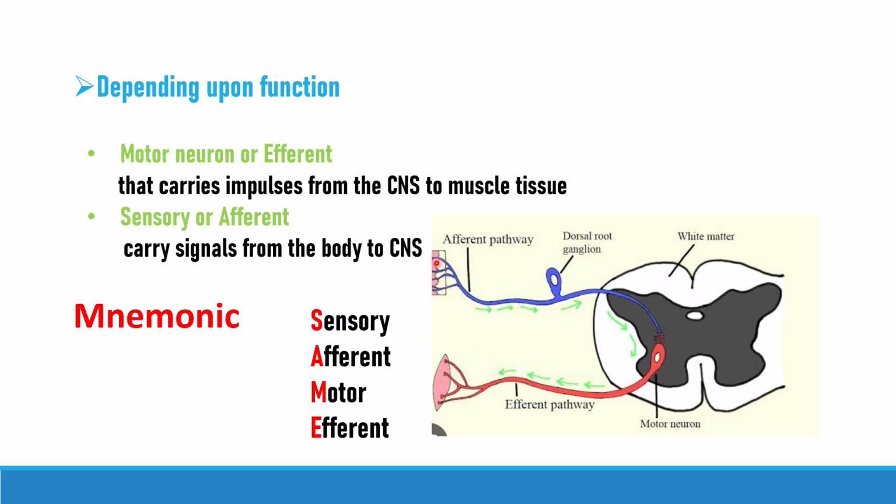The sensory neuron carries the impulses from the body to the central nervous system, and the motor neurons carry the information from the central nervous system to the muscle tissue.